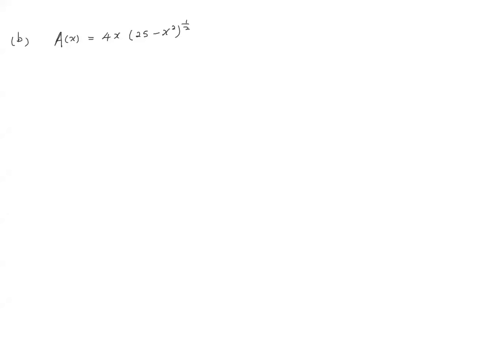Do you understand the meaning of the word dimension of the rectangle? Do you understand the meaning of dimension? When I say dimension of ABCD, dimension means you are looking for the measurement of length.